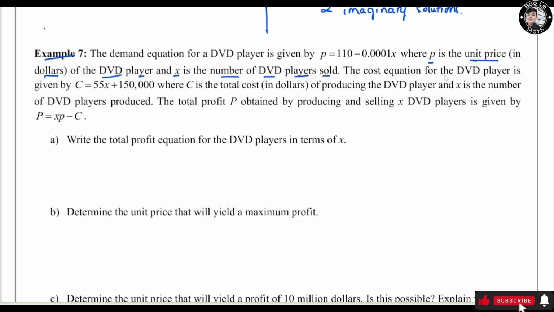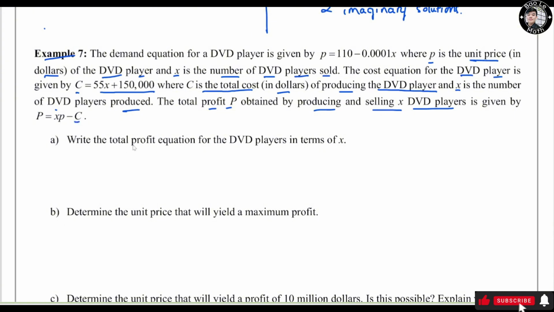The cost equation for the DVD player is given by C equals 55S plus 150,000, where C is the total cost in dollars of producing the DVD players and S is the number of DVD players produced. The total profit P obtained by producing and selling S DVD players is given by P equals S times little p minus C.